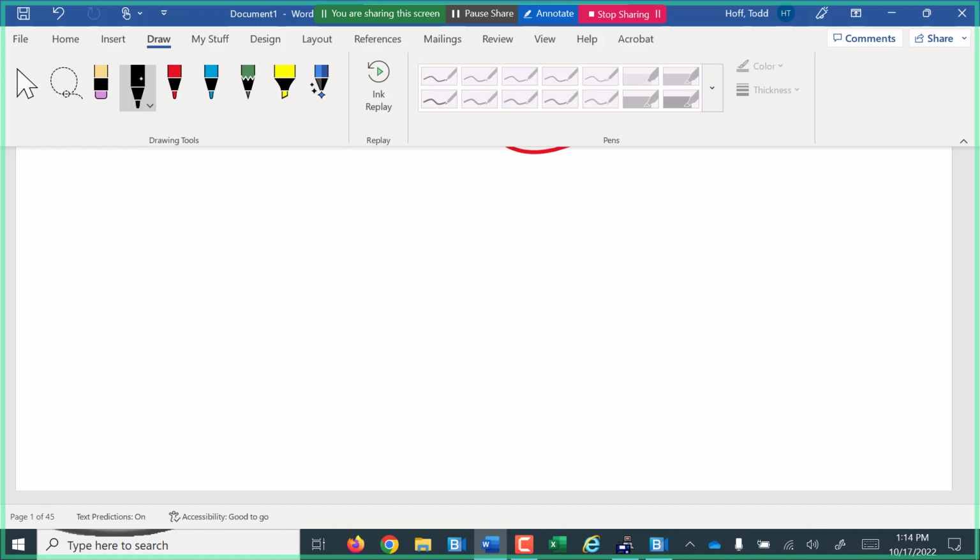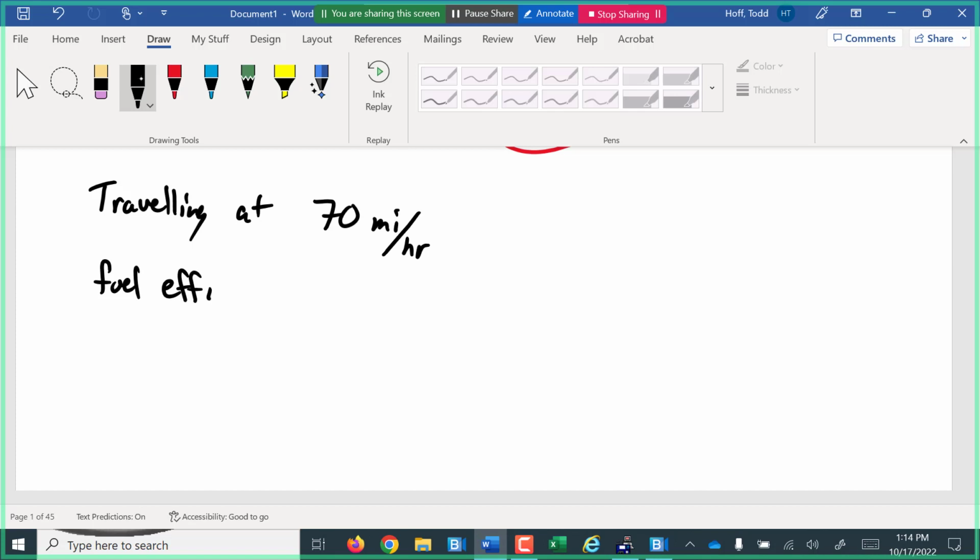Similar to that, I think we covered an example like this on Friday. Let's say you are traveling at 70 miles per hour. And your fuel efficiency is, let's just make it simple, 25 miles per gallon.